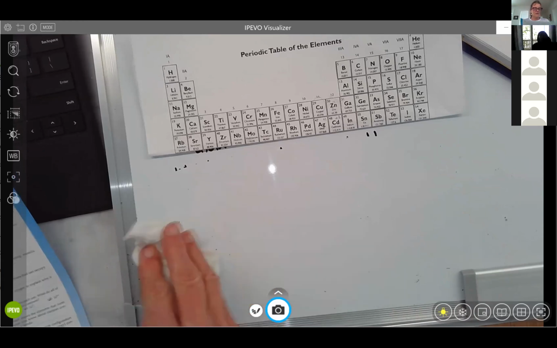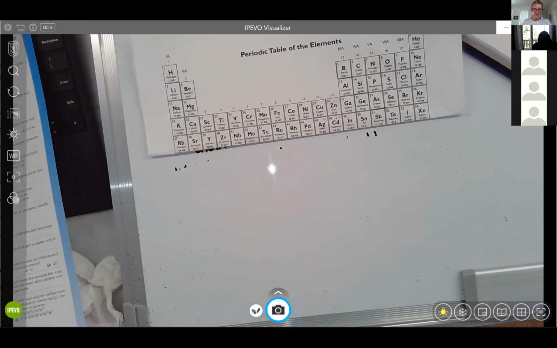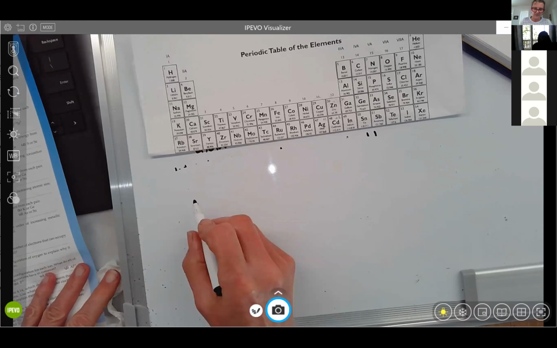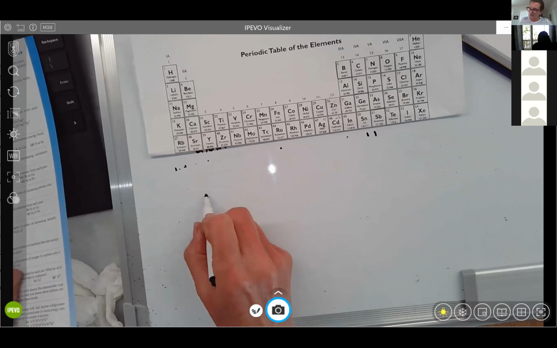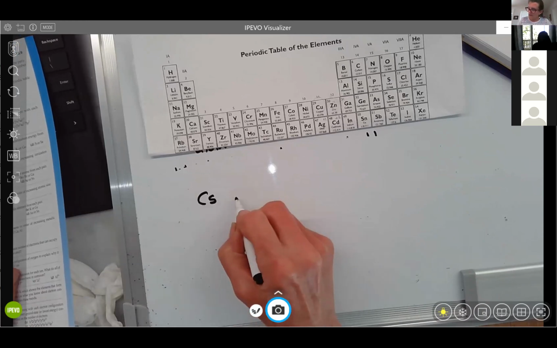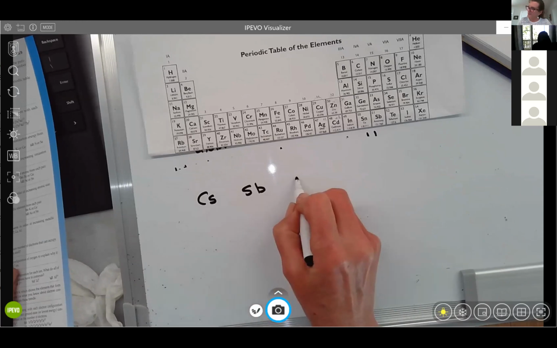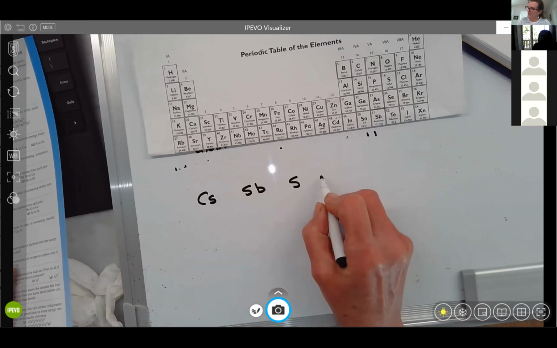One more. Arrange the elements in order of increasing atomic size: Cs, Sb, S, Pb, and Se. Oh, this one's easy.